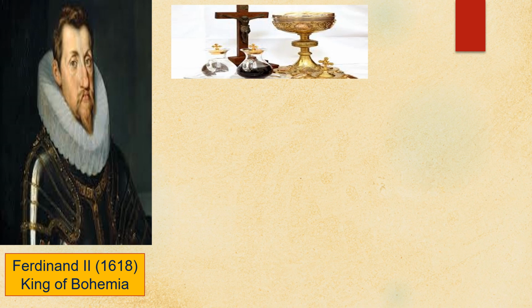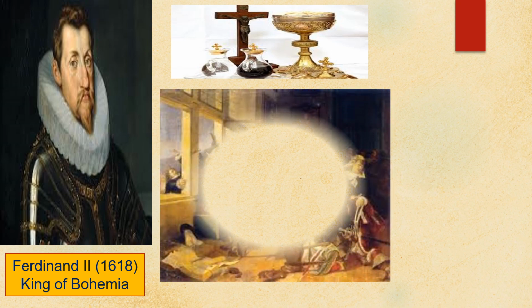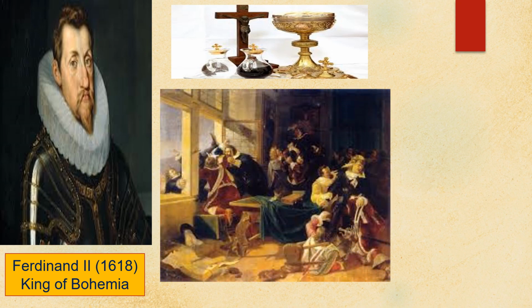However, there were some nobles who did not want to be Catholic. They wanted to be Protestant. So King Ferdinand II sent representatives to meet with the nobles who wanted to become Protestant. However, peace did not happen, but chaos. His representatives were thrown out of a window of Prague Castle. It was as high as Rapunzel's castle. Of course, some were injured and some died. So it started the Thirty Years' War.